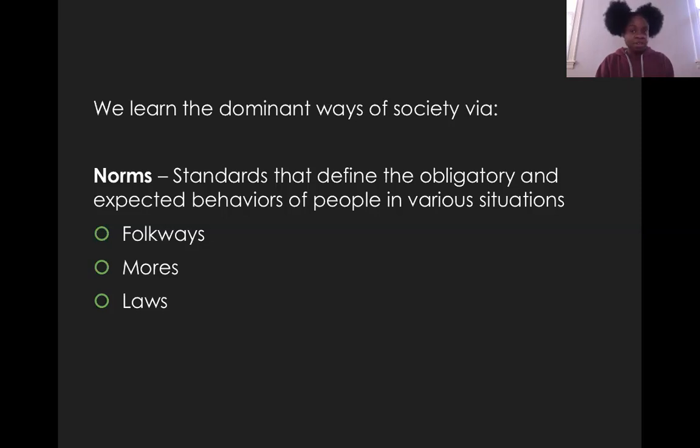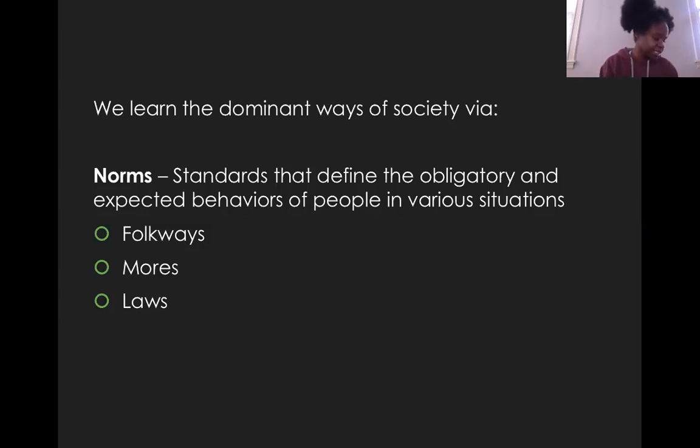However, they're not laws. These types of norms, known as mores, are not written down either. So the difference between the folkway and the more here is that with a more, there might be a slightly more severe type of reaction or punishment or reprimand.